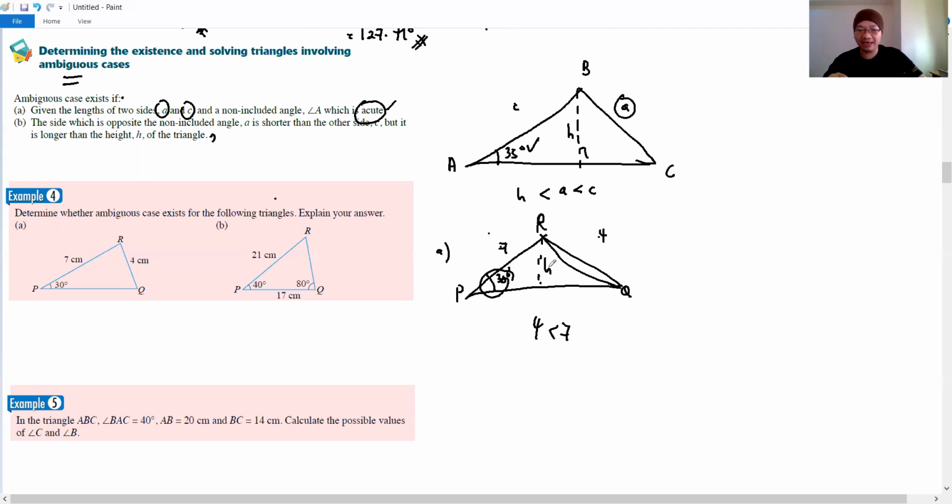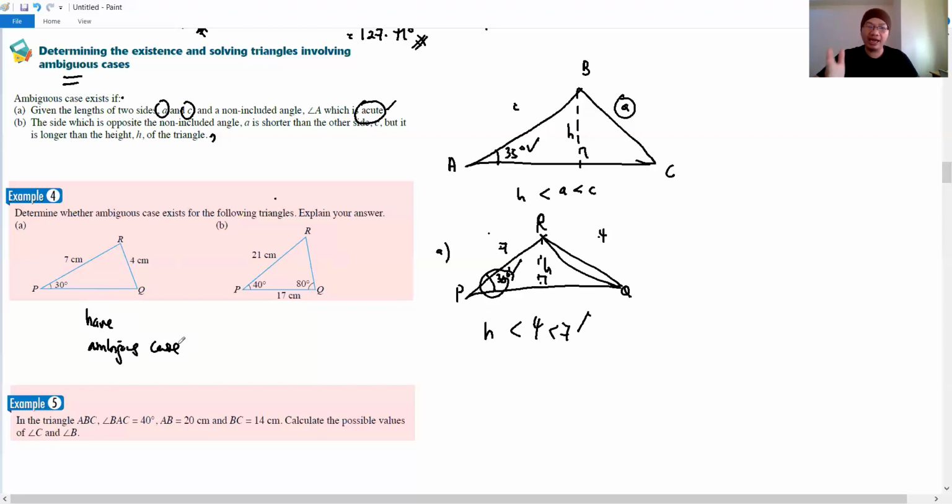So we know that 4 is the hypotenuse, so height is less than 4. So we fulfill this relationship: 7 more than 4 and 4 more than H. Therefore, this soalan A has an ambiguous case. Okay guys, that is the answer for A.